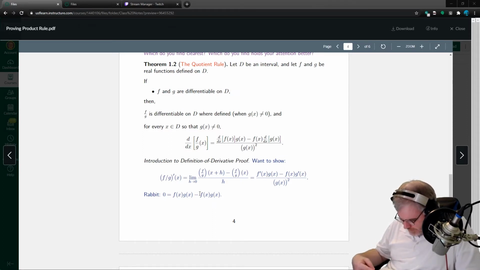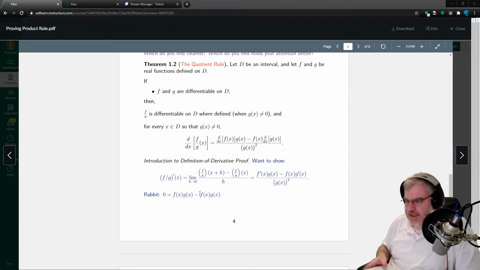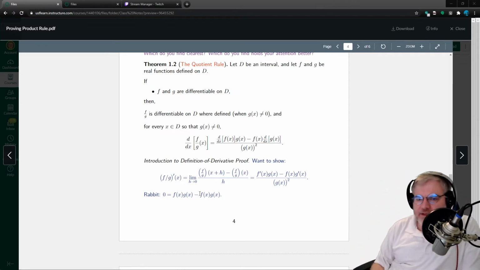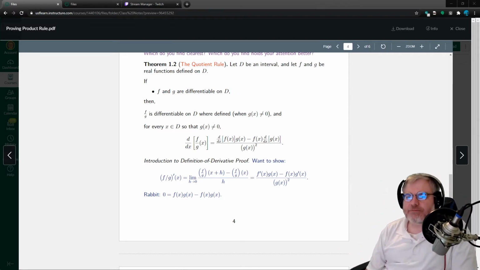The g of x plus h, and there it is right there. You add it to the top. Once you take a common denominator, you just add that to the top, and then you can split it out and get that subtraction. That's the other rabbit.